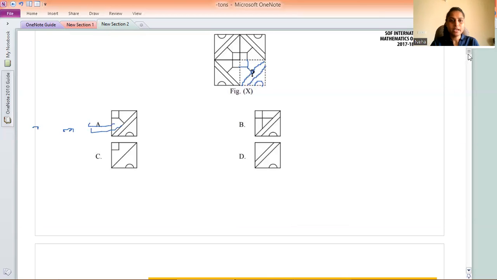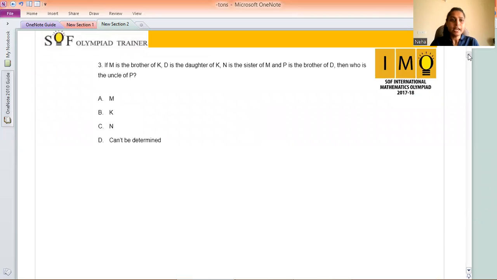Question number 3. In question number 3, it is saying that M is brother of K. That means this question is from the chapter blood relation. So I can draw a relationship tree here, right? M is the brother of K. M is brother, that means he is a male, so I am putting a plus sign here.